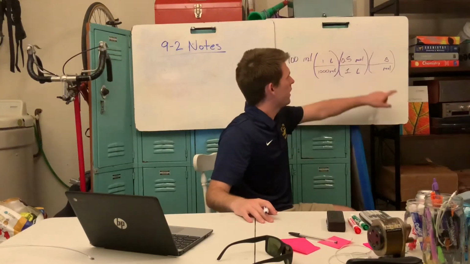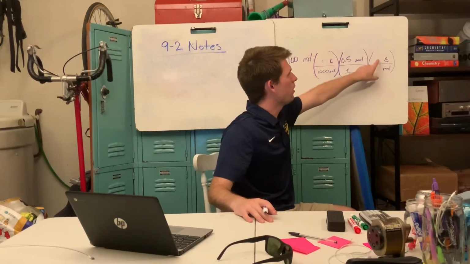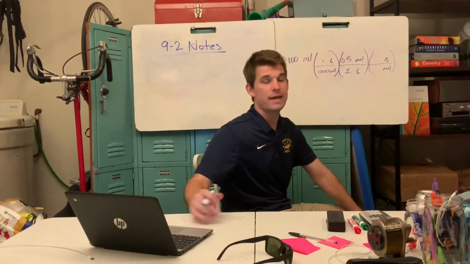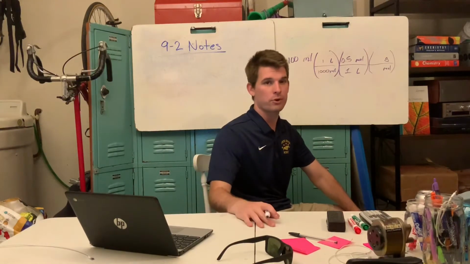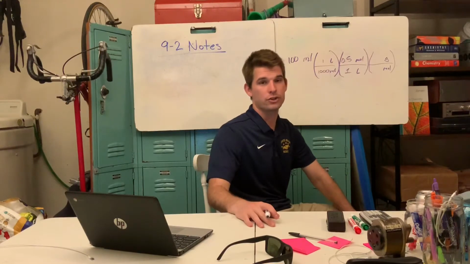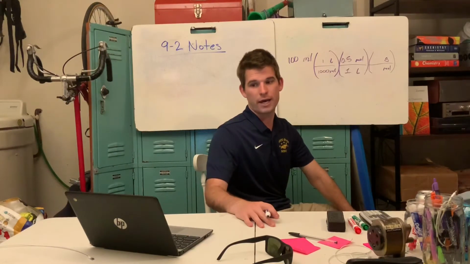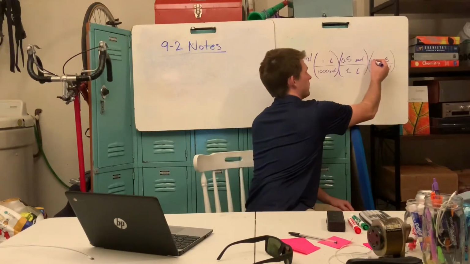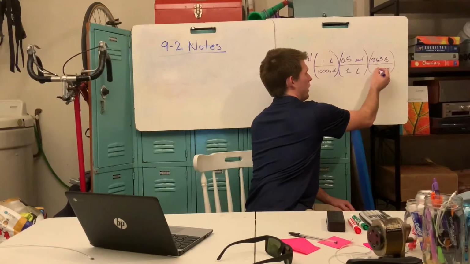Finally, we need to know the molar mass of hydrochloric acid. The way that we do that is we look at the periodic table. Chlorine is 35.5. If we add a 1, it's 36.5. So it's going to be 36.5 grams per 1 mole.